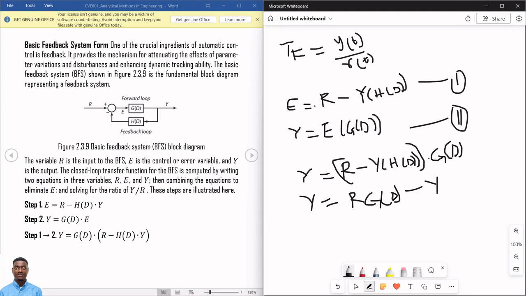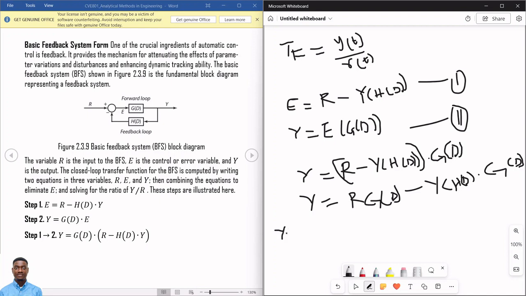So that will be Y H D, D in brackets, dot again G D in this case.